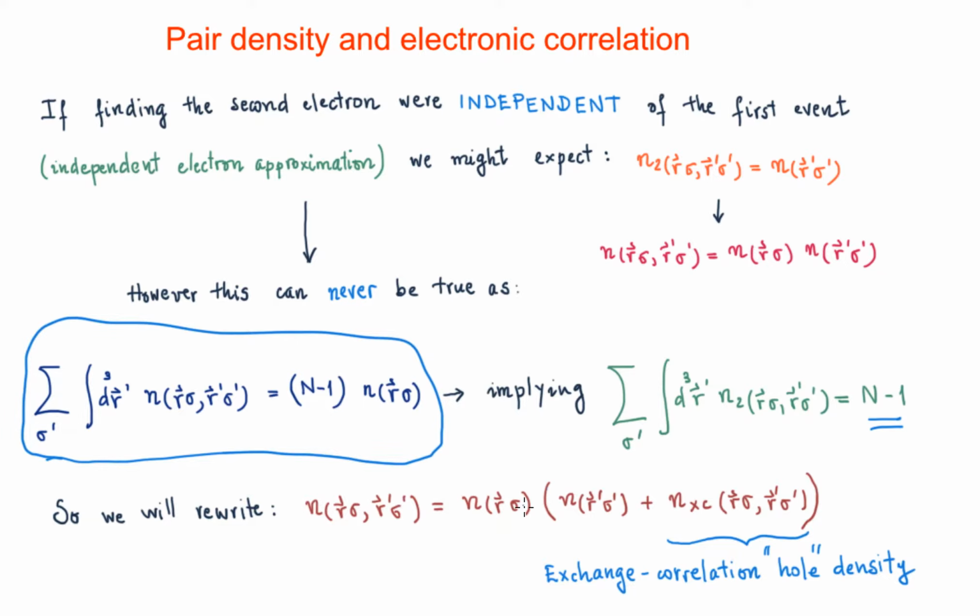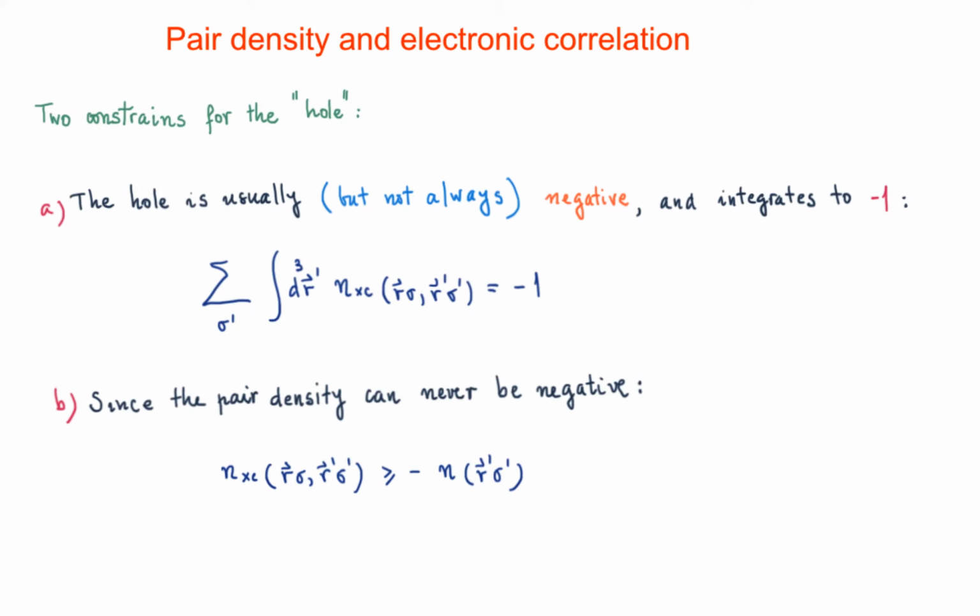So everything that goes beyond that independent electron approximation is going to be included in this exchange and correlation hole. And why are we calling that hole? Because this exchange and correlation hole satisfies two interesting rules or constraints.